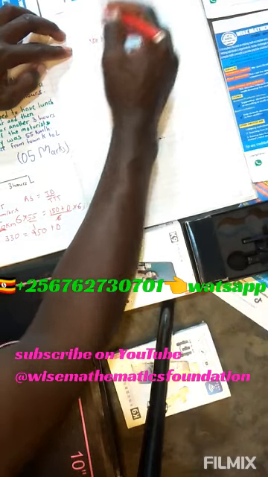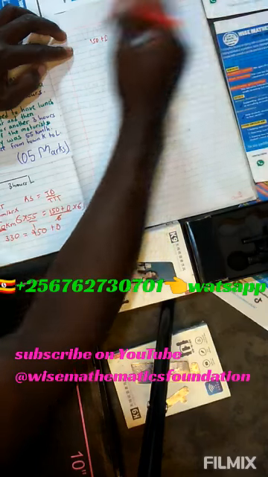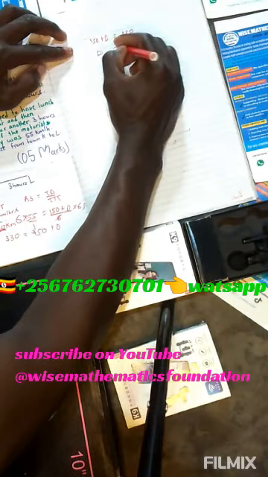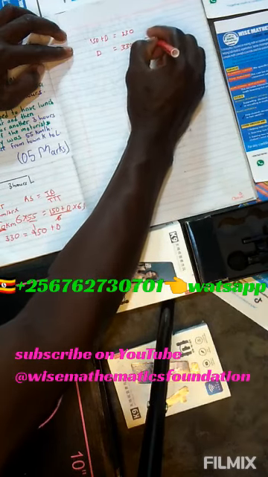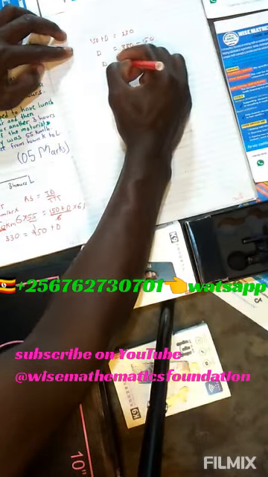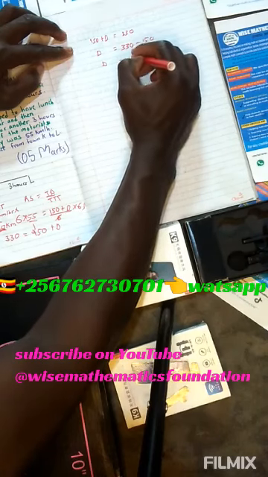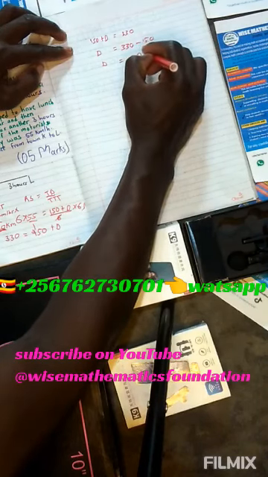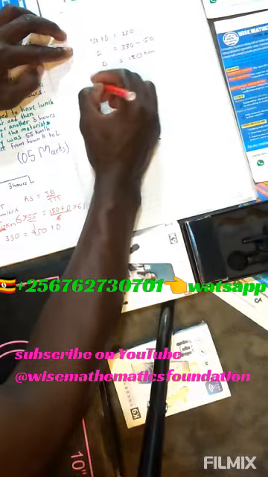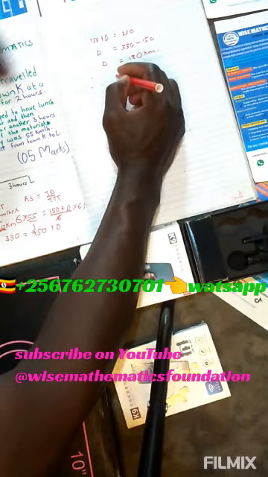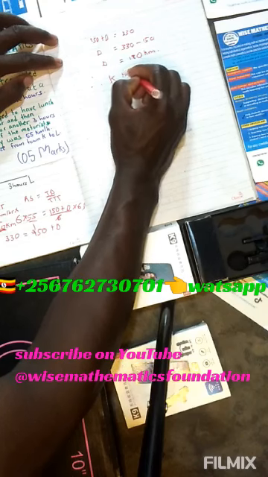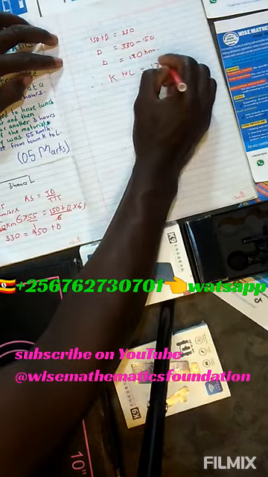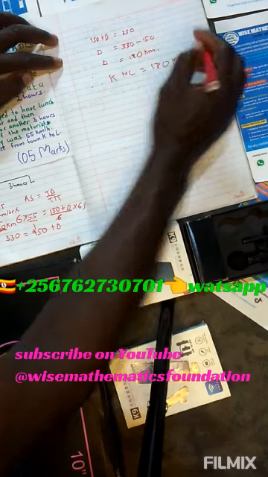So we take 150 to the other side, we remain with D equals 330 minus 150. Distance will remain 180 kilometers. So therefore, the distance between town K and town L is just 180 kilometers.